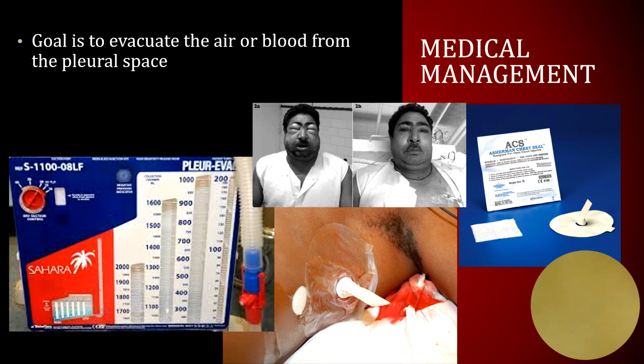It will allow air to escape, but as the client inhales, it kind of seals on itself and will not allow any air to get in. And then you can see the picture of that Heimlich valve. I'm sorry, I called it the wrong thing. A Heimlich valve that has not been placed on someone.